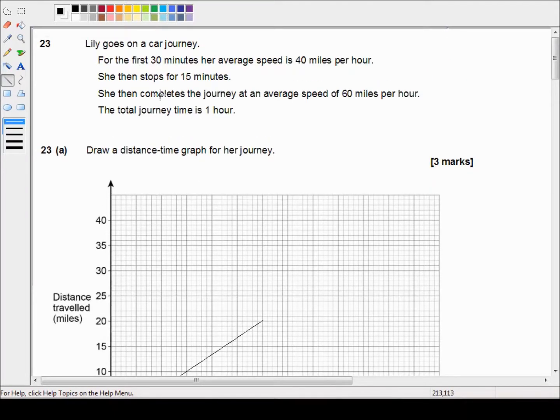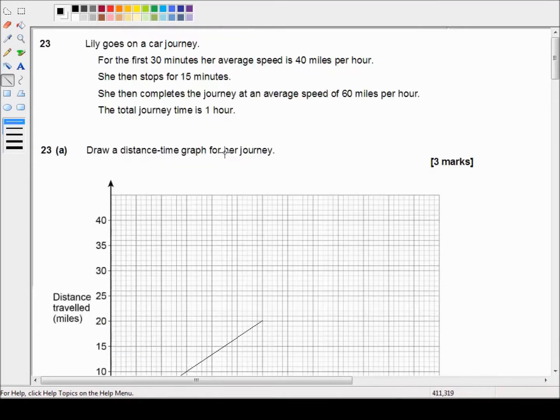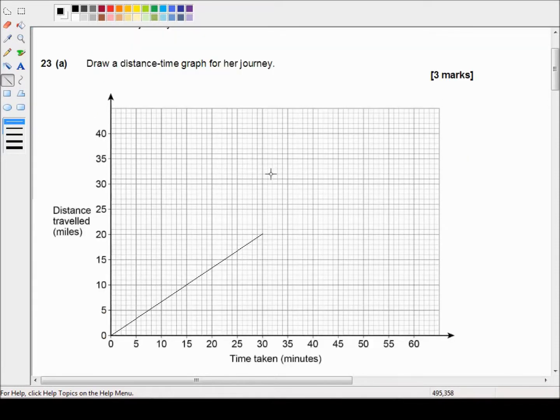Okay, what else? She stops for 15 minutes. Okay, so this is a distance time graph, not a speed time graph. So we're not saying that her speed drops to 0.